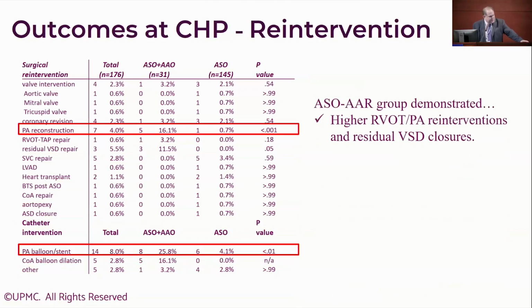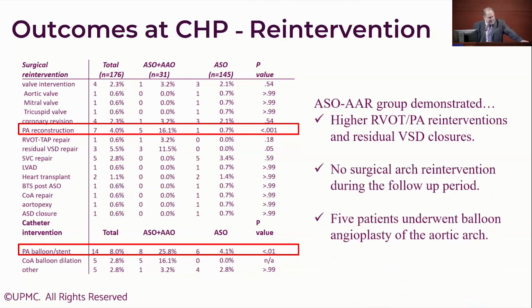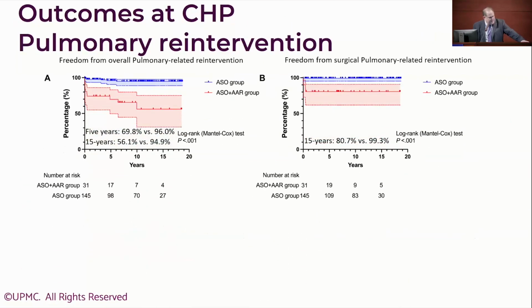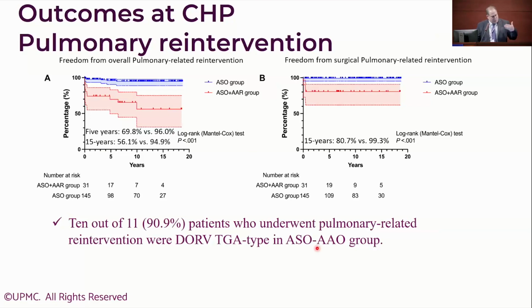And here I'm just going to show that on the PA we have reintervention, but it's most likely cardiac cath intervention, balloon stent intervention on the PAs. It's a little bit higher to have some residual VSD that requires an intervention. But in the long-term follow-up, there's no surgical arch reintervention in these patients. The same, as I already mentioned, these kids have more reintervention in the cardiac cath for the pulmonary arteries.